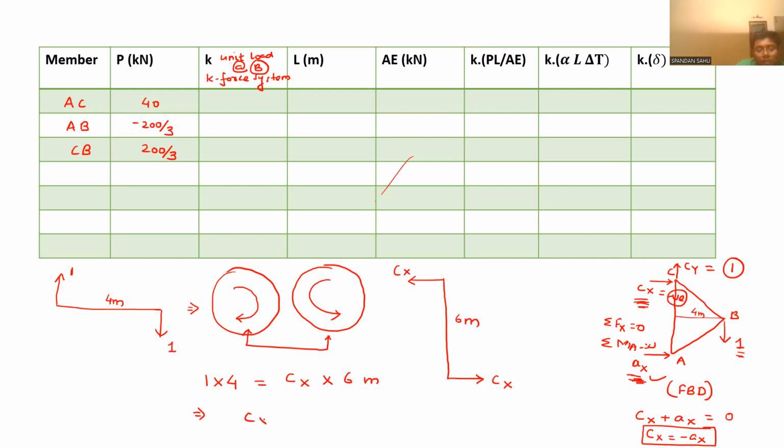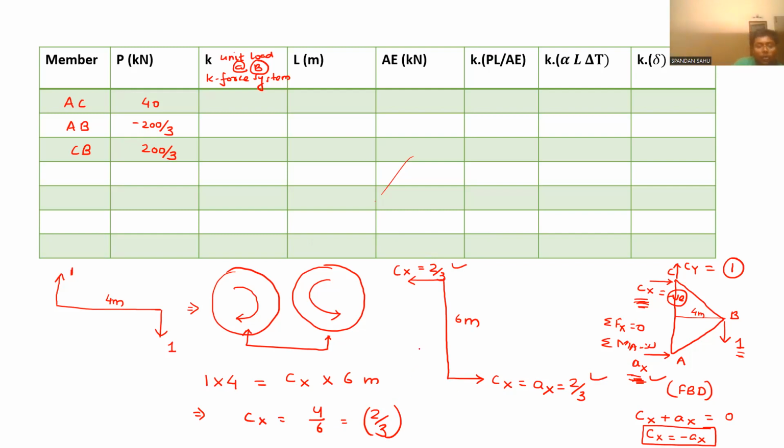So from here you can get Cx equal to 4 by 6, that is 2 by 3. So Cx this side is 2 by 3 and Ax, which is equal to Cx in magnitude, will be 2 by 3, but the directions are different now.